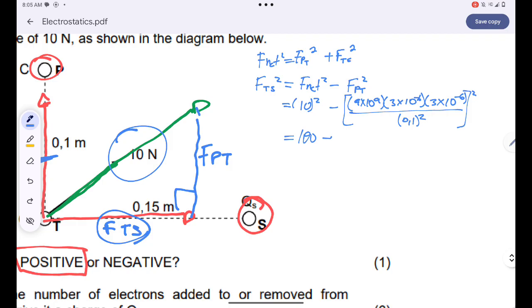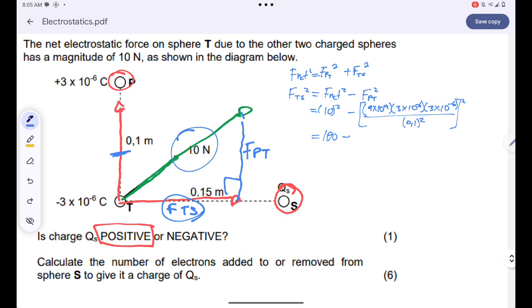10 squared minus, okay, I simply have 9 times 10 to the power 9, and then 3 times 10 to the power negative 6 multiplied by 3 times 10 to the power negative 6 all over 0.1 squared, and the entire thing is also squared.